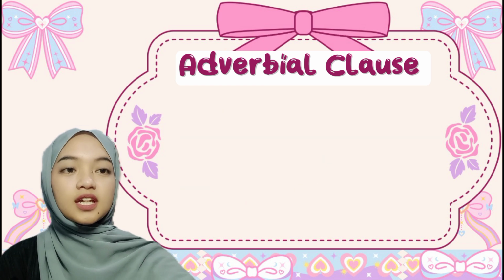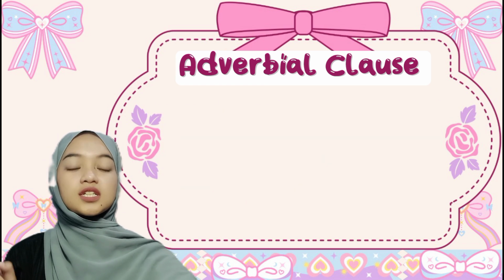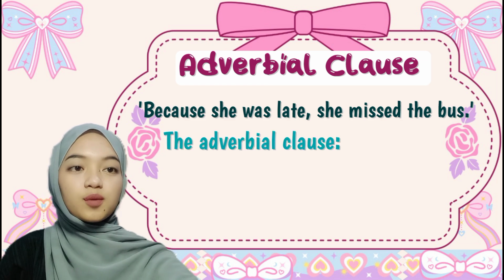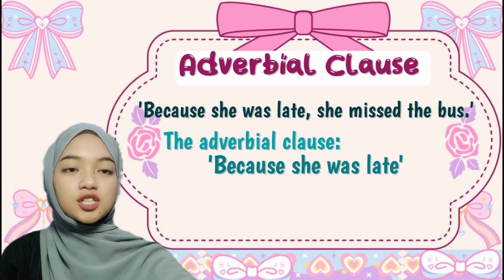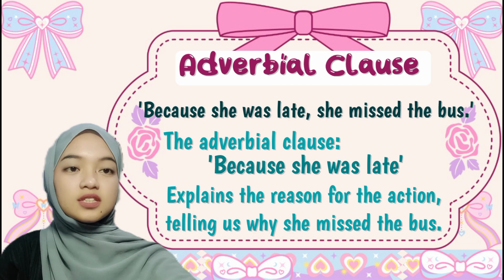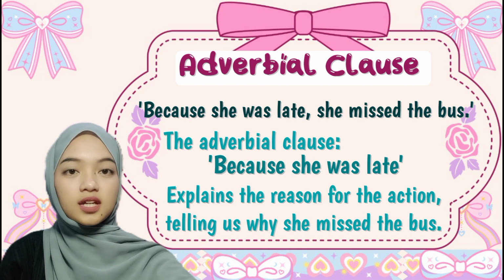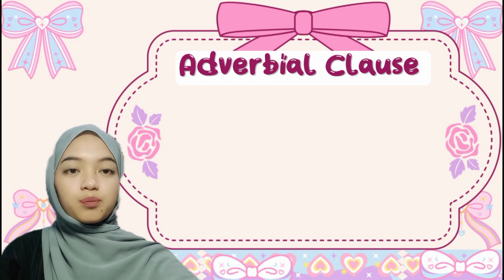For example, in the sentence, because she was late, she missed the bus. The adverbial clause, because she was late, explains the reason for the action, telling us why she missed the bus.